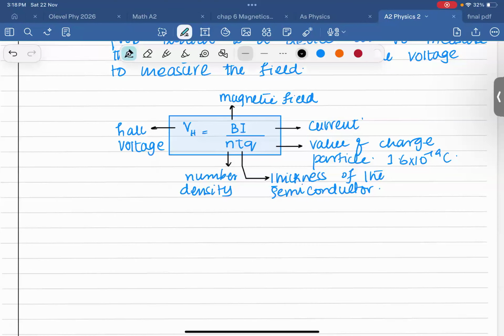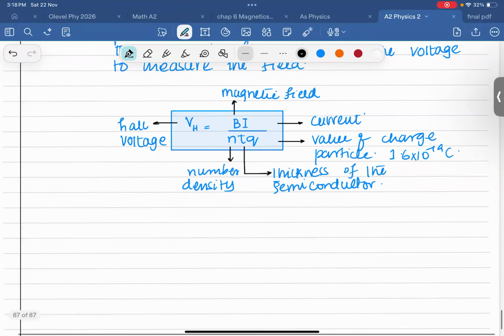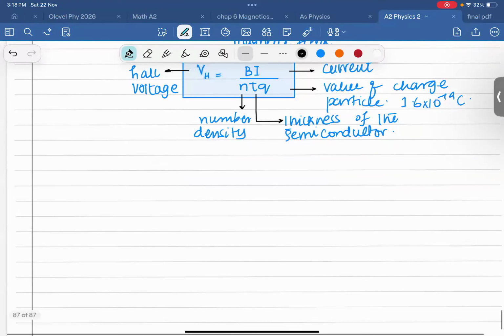Now, the only thing you have to understand here is the concept of n. n is the number density, and you see that the Hall voltage is inversely proportional to n. So you have a semiconductor and you have a conductor.